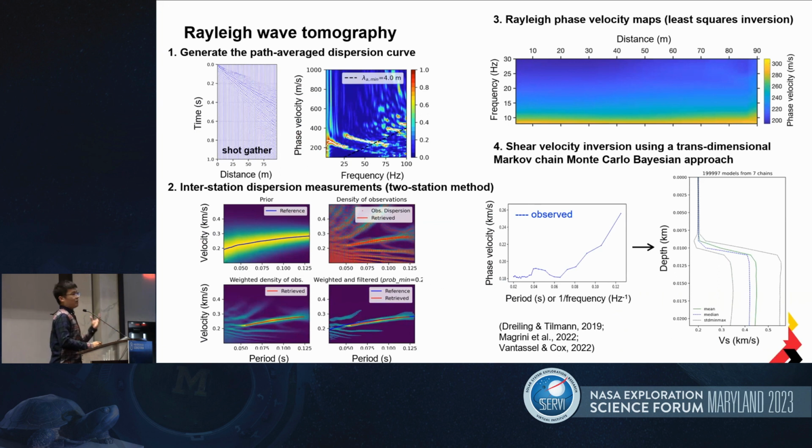Once we have all the interstation dispersion measurements, we generate the frequency-dependent velocity maps. So that's step 3. And then in the last step, the dispersion curve at each node of the map will be inverted for shear wave velocity as a function of depth, because Rayleigh waves are mainly sensitive to shear waves.